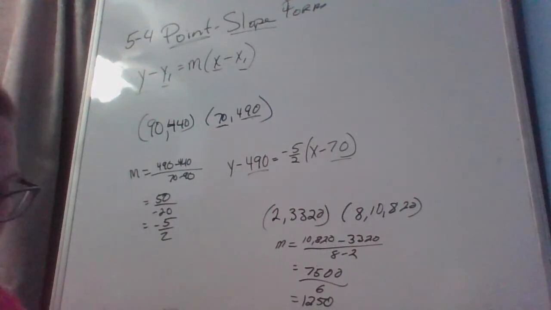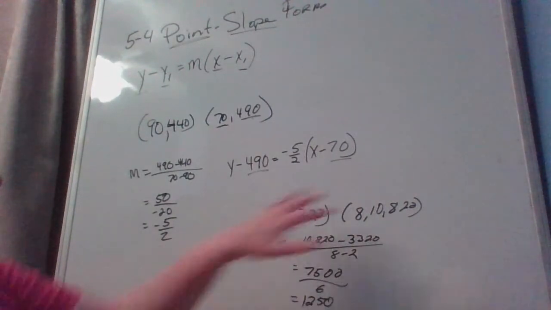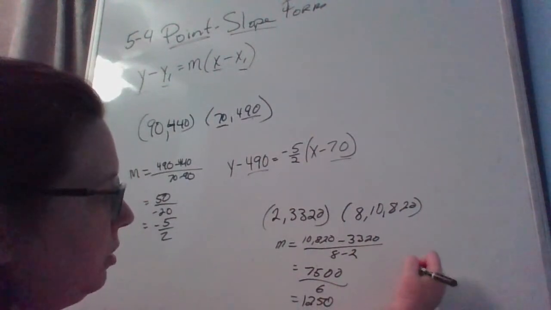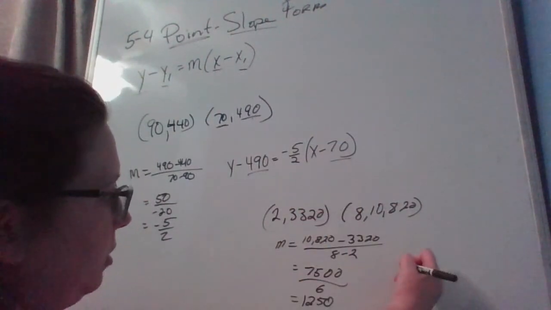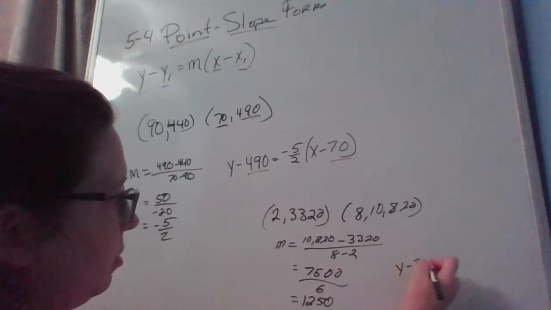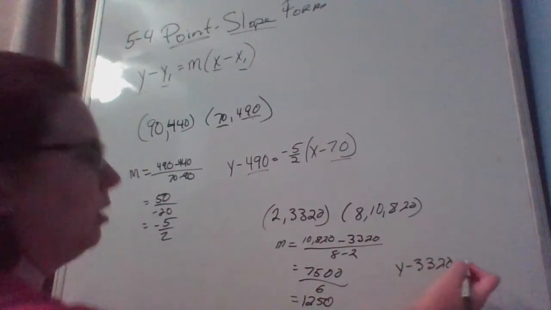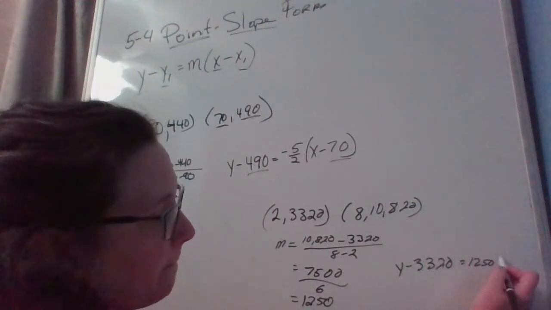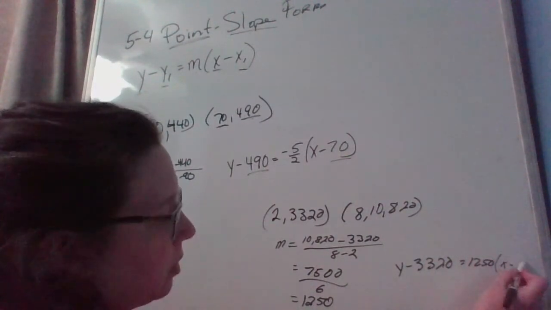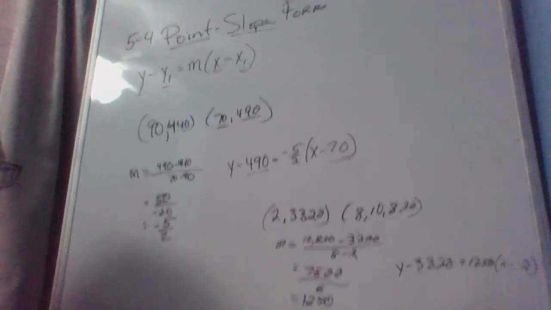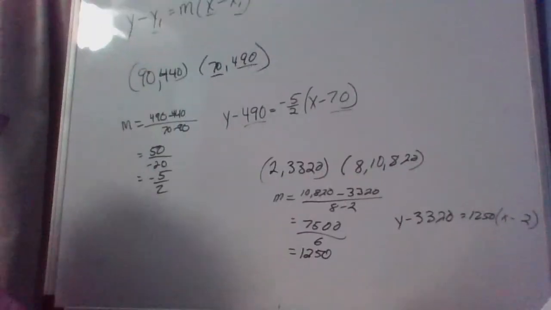And then I can figure out which ordered pair I want to use here. I'm going to use the first one, I think, and say y minus 3,320 equals 1,250 times x minus 2. So that would be a good point slope form for Got It 4.